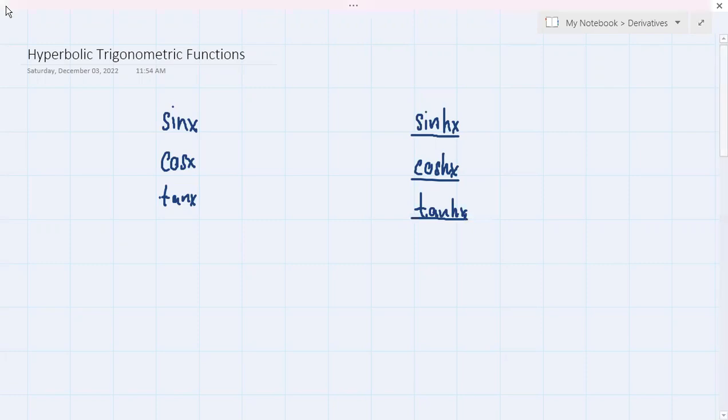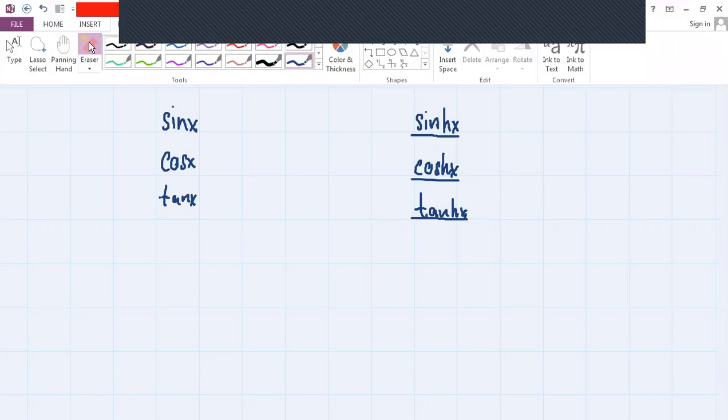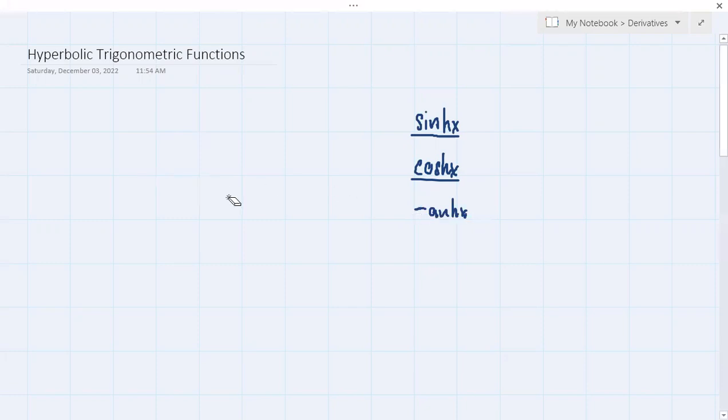Okay? So, dito pala, they have their own identities as well. So, kunwari, itong si sine hx.